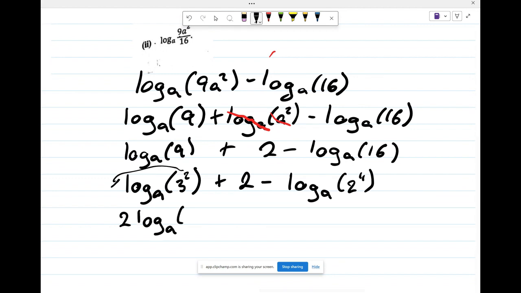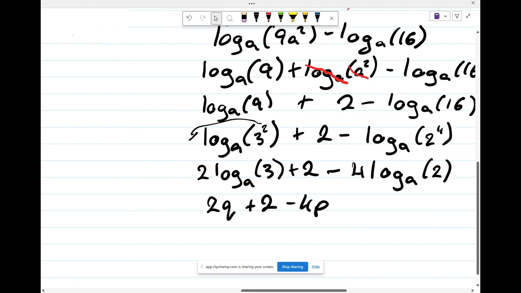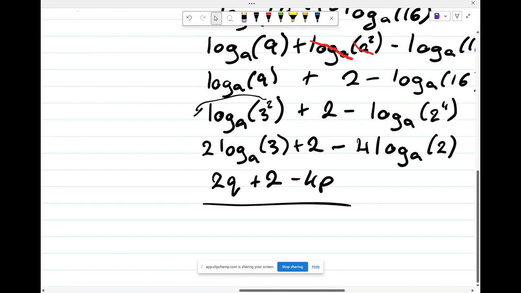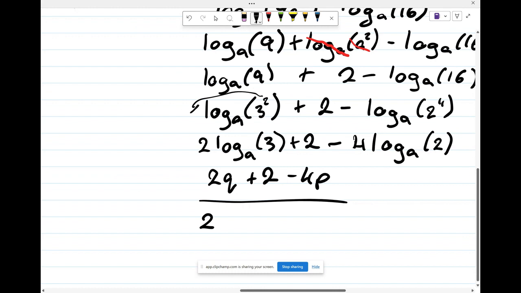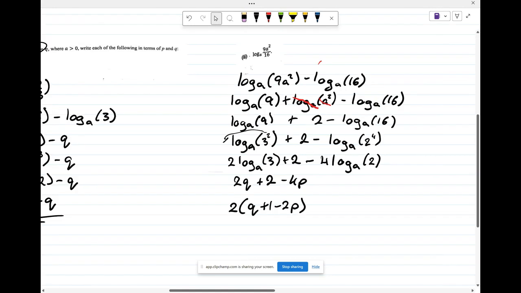That's 2 log a of 3 plus 2 minus 4 log a of 2. And we know what those are. That's 2q plus 2 minus 4p. And that is your final answer. You could even bring the 2 out if you really wanted, so that's q plus 1 minus 2p. But you don't need to do that. But yeah, that's your final answer.